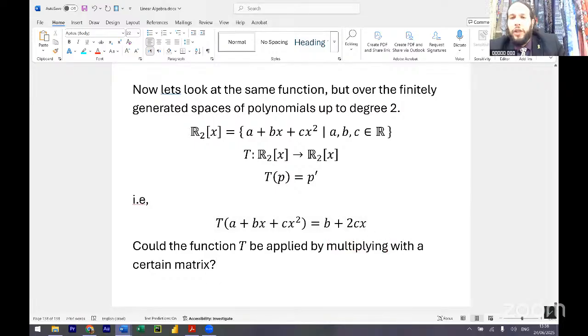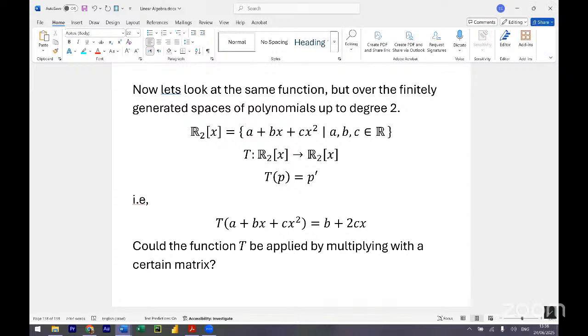What are your thoughts? Could there be a matrix that derives the polynomials?